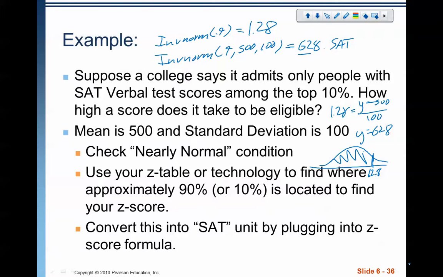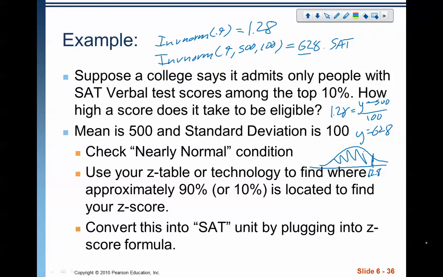Being able to draw that picture tells the person grading it that you understand that the 90th percentile is associated with the z-score 1.28. And if you have this picture and then just write 628 as your answer, you'll probably get full credit.